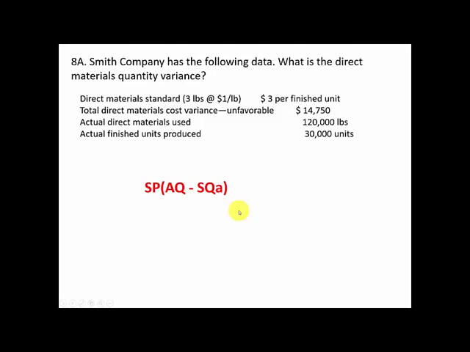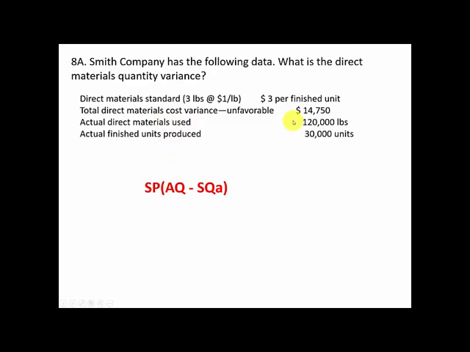All right, the quantity variance is a formula that looks like this. You take the standard price and multiply it times the difference between the actual quantity and the standard quantity allowed for whatever level of production that you had, which was 30,000 units. So what's the standard quantity of material allowed for making 30,000 units? And compare that to the actual quantity used.